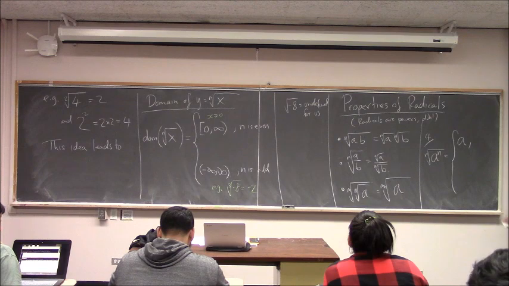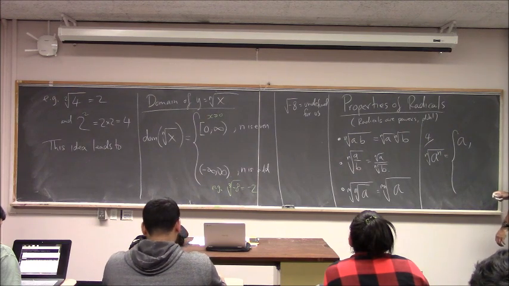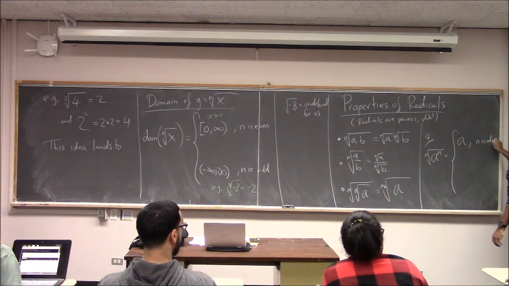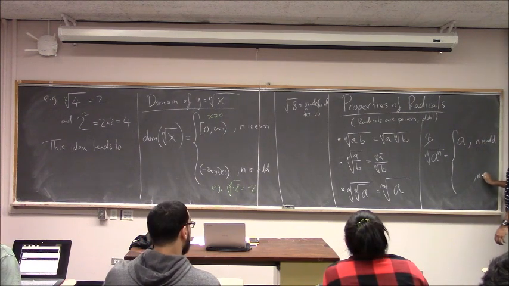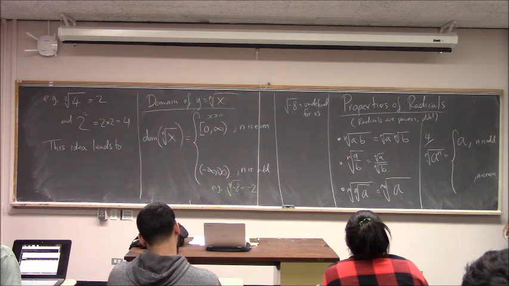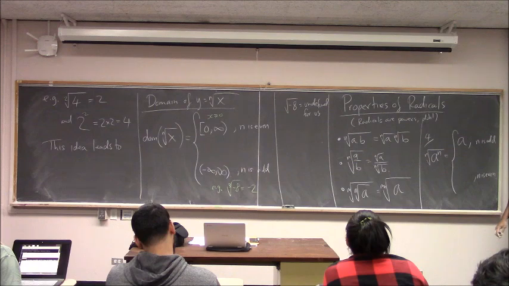If n is positive? No. The square? No, a little bit more general than that. If n is odd, it gives you a. What about if n is even? What do you think it gives you? Plus minus.